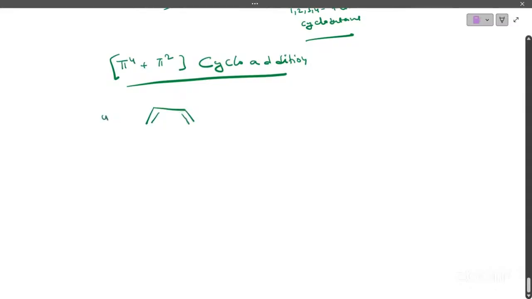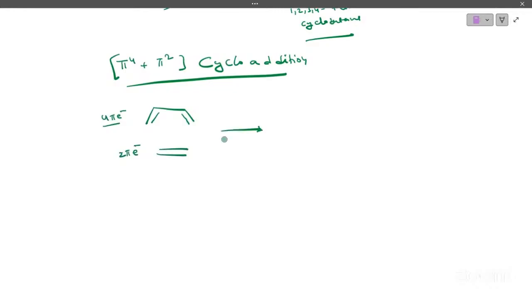This is a 4 pi electron system, and this is the 2 pi electron system, which undergo cycloaddition, and in the middle of the reaction, it generates a transition state.